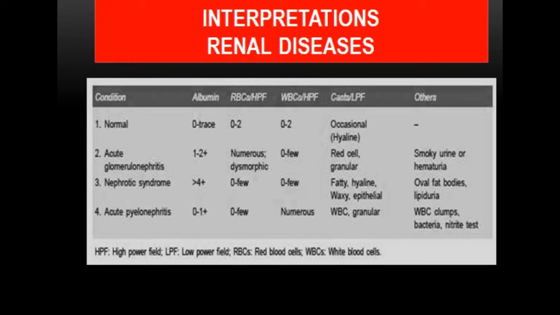When urinary tract infection goes uncontrolled, it progresses from urethritis or cystitis to pyelonephritis. It is a type of infection. So there are more WBCs, more granular casts of WBC, clumping of bacteria, and the nitrite test is also positive along with the microscopy.